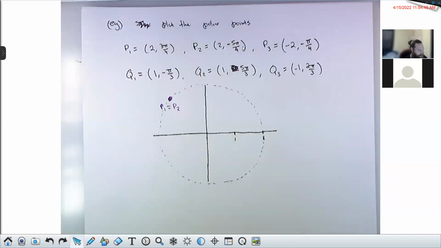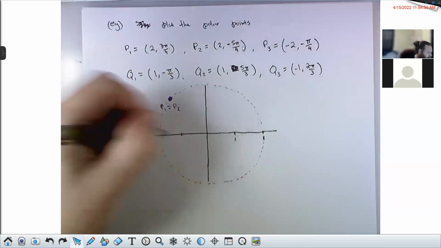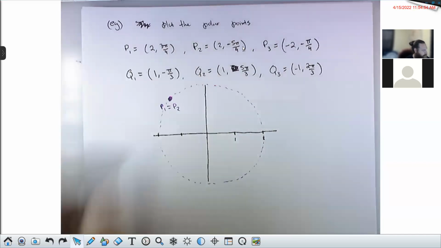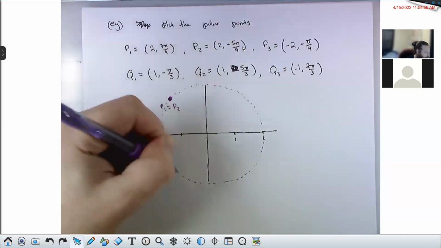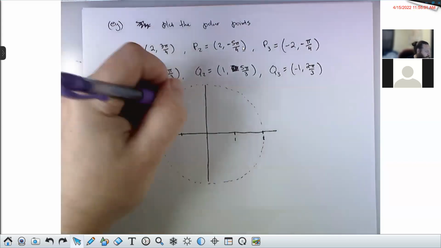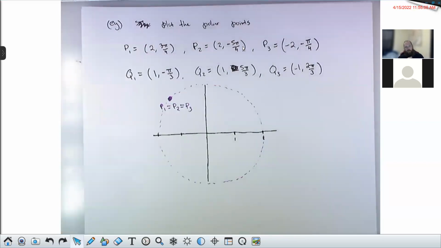What about P3? Well, P3 says walk out negative 2 and then rotate not the forwards direction by pi over 4, but rotate in the backwards direction by pi over 4. Oh, P1, P2, and P3 are all the same point.